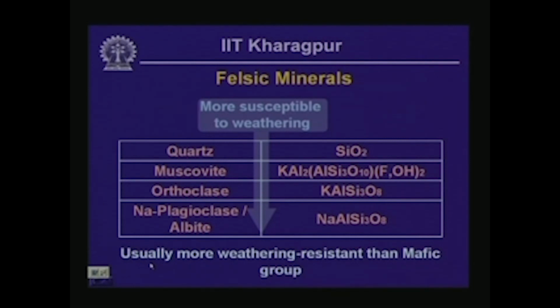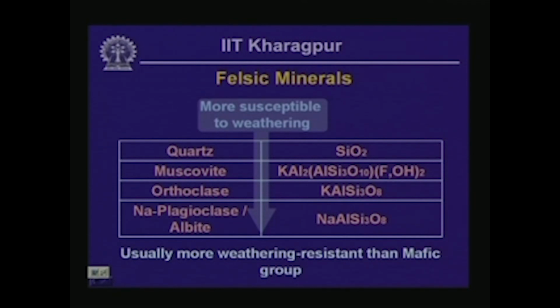Okay. Now, the felsic minerals that form most of the rock masses that we saw in the last slide are quartz, muscovite, orthoclase and sodium plagioclase or albite, and you can see that as we climb down along this particular table, what we get are rocks that are more and more susceptible to weathering.